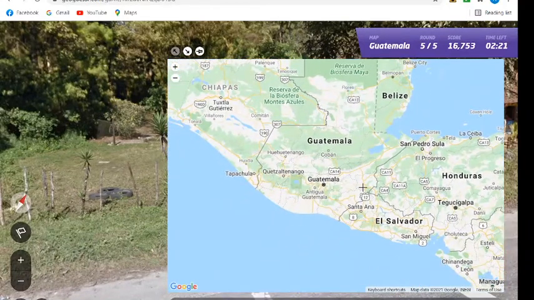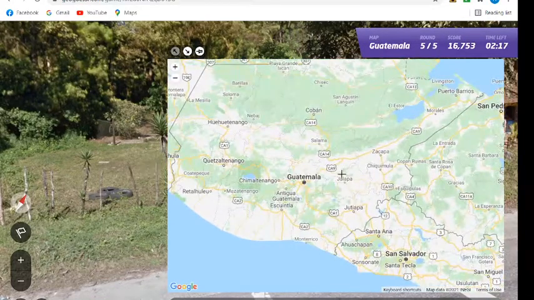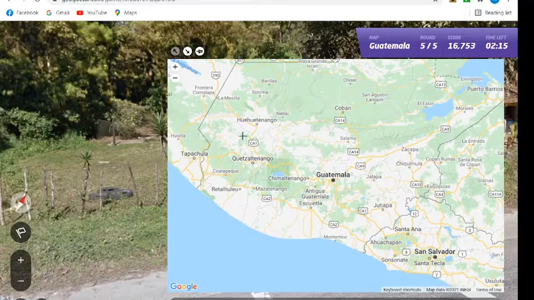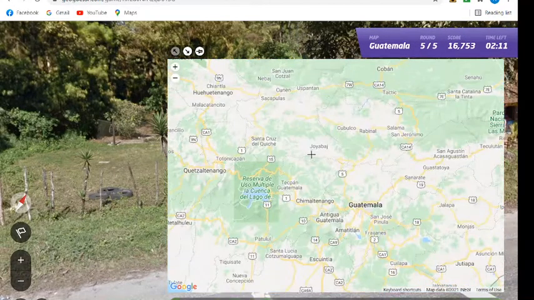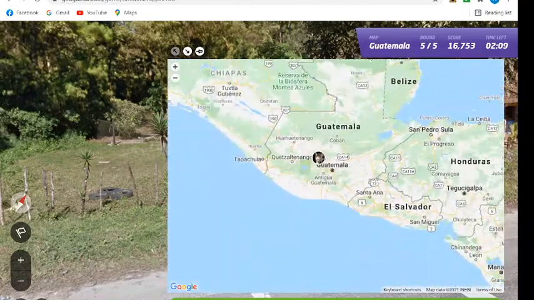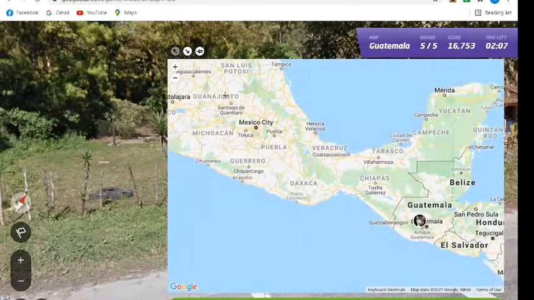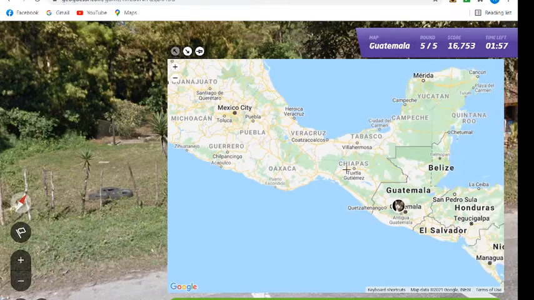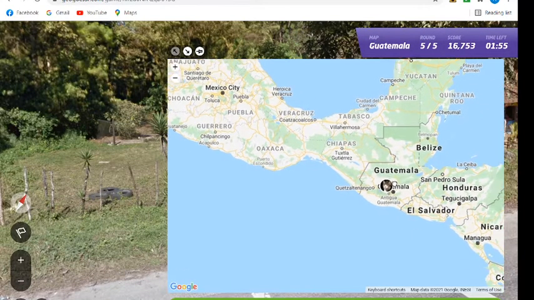The highlands, of course, also have a large Maya population, but for historical reasons, a lot of the town names in the Guatemalan highlands actually come from the Nahuatl language, which was spoken by the Aztecs and others up here. And this had to do with the fact that in colonial times, a lot of the Spanish army in Guatemala actually came from up here.